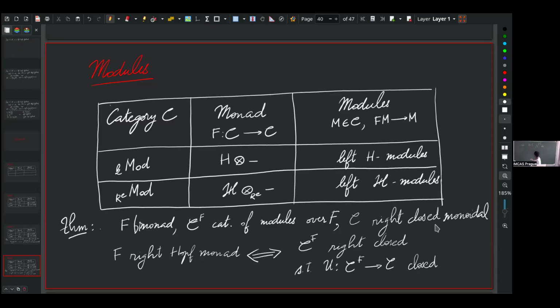I do not understand why such a terminology for left versus right. So if we assume that C is right closed, then the bimonad F is a right Hopf monad if and only if the closed structure on C lifts to the category of modules over F.